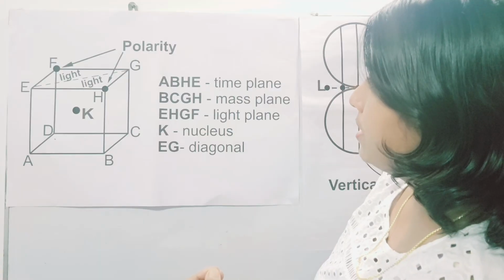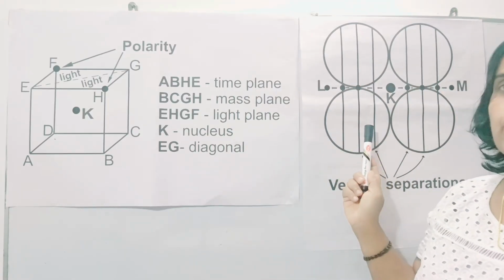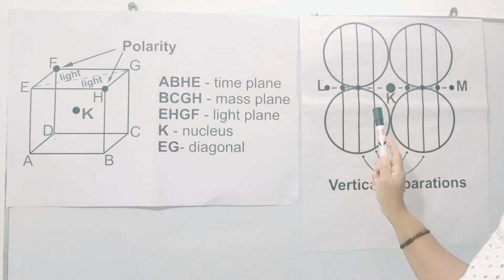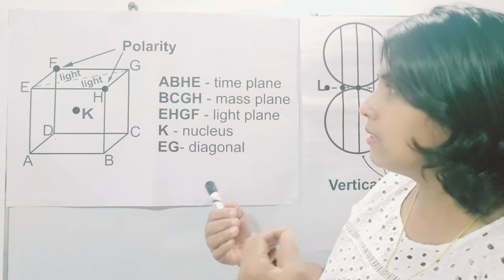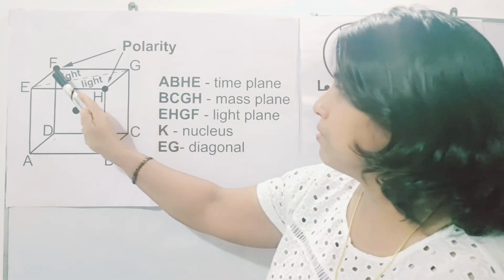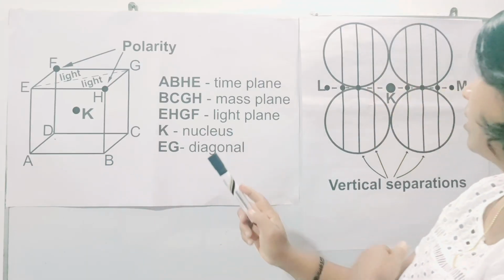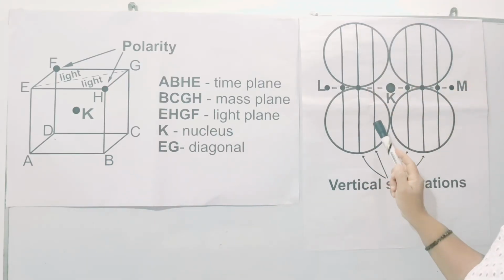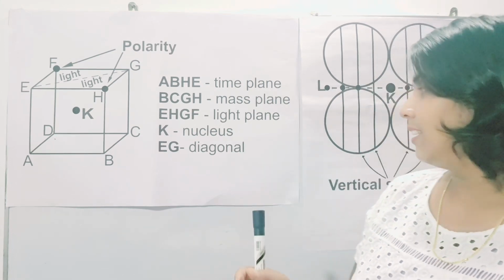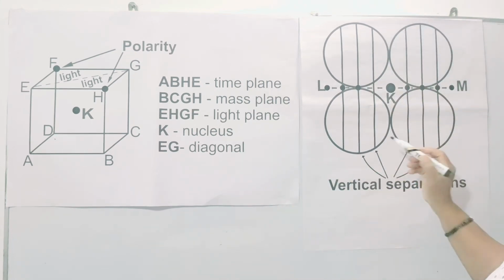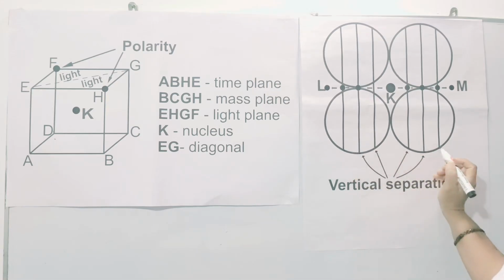Due to that polarity, after the separation of four spheres in this way, there is an attraction force between here and here. So due to that attraction force, these vertical lines attract each other. This is attracting this, and this is attracting this, and this is attracting this.